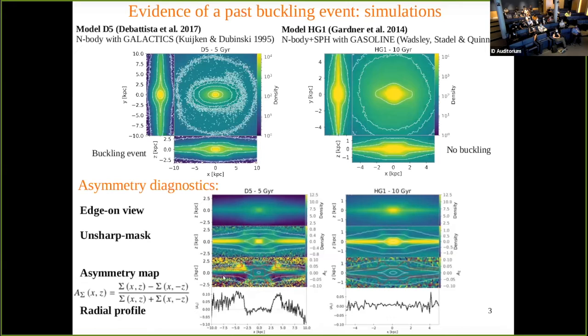Moreover, if we collapse this asymmetry map along the vertical direction, we get the asymmetry profile, which presents this typical double-peaked shape, which again highlights the region of the asymmetry. You can see that for the AG1 model, there is no asymmetry in the map and a flat profile.